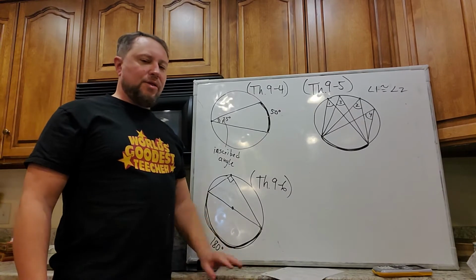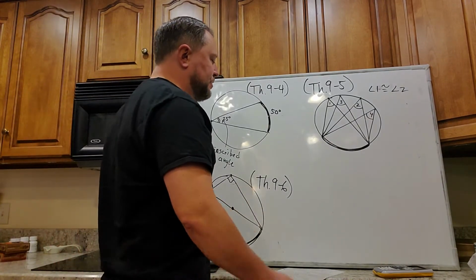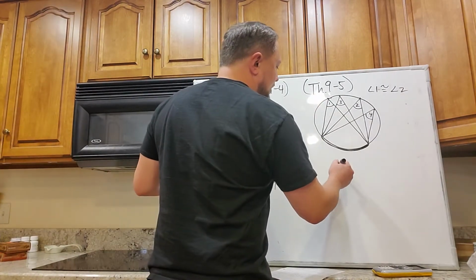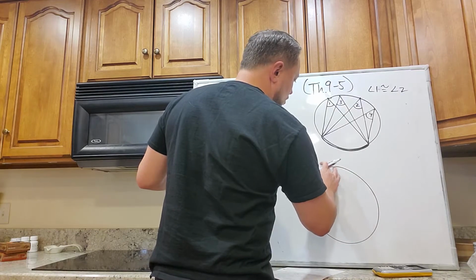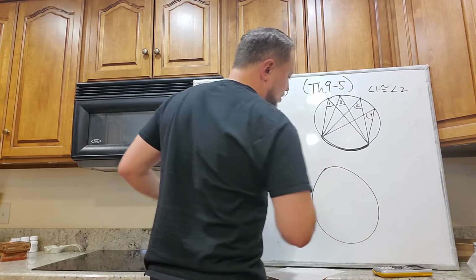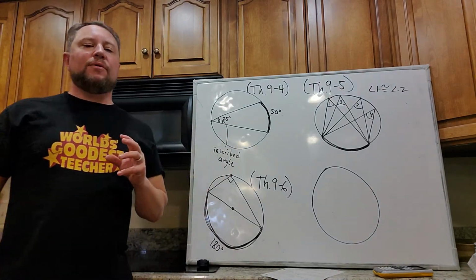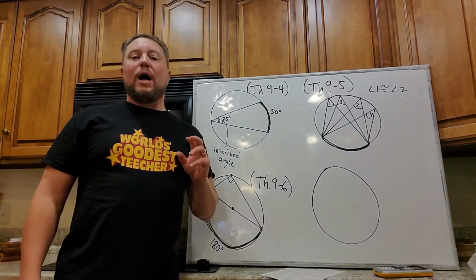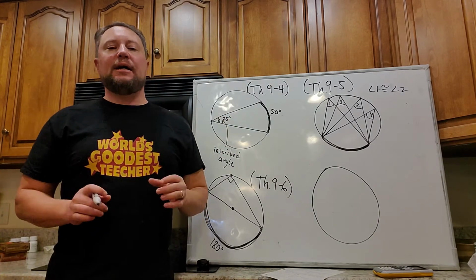Okay, and I got one more theorem I want to cover here. Of course, it's going to be theorem 9.7, the next one. And in this one, let's say we've got a circle. And in our circle, let's suppose that we have a quadrilateral that is being inscribed inside of the circle.